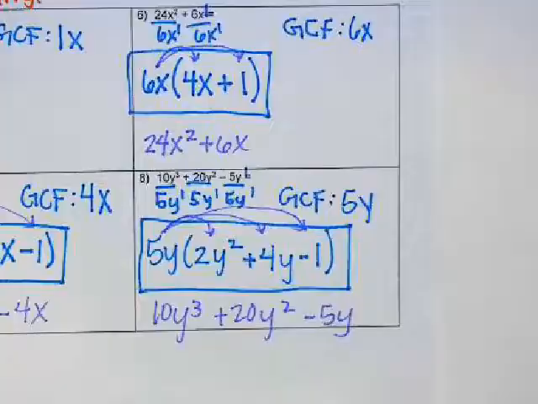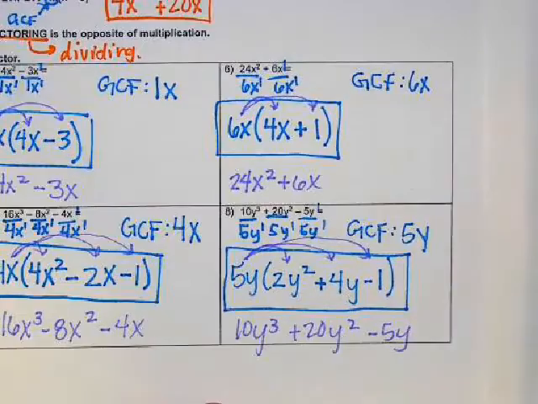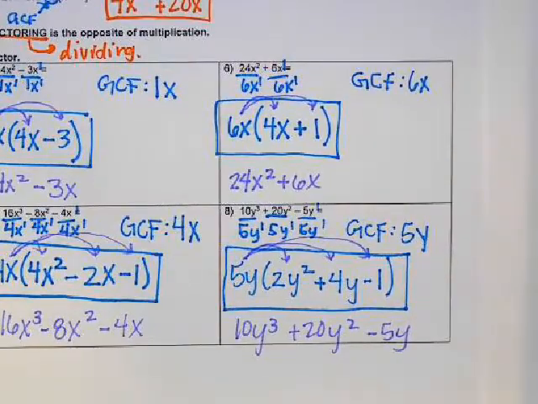Okay, third question right here. Wait, if the 5 didn't go into the 20 or the 10, would we have to plug all 3 of them into the calculator? Yes. That's a good question. Do we have to not factor, but distribute? Yeah.